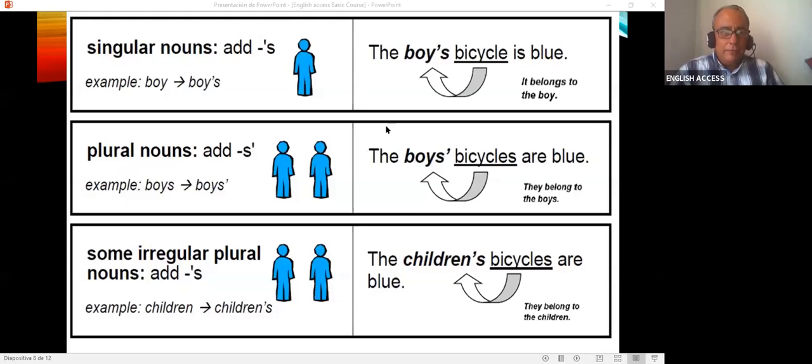Let me show you that one right here. Here goes. Can you see my screen? Yes? Okay. Yes. Right here, singular nouns, you only add an S.